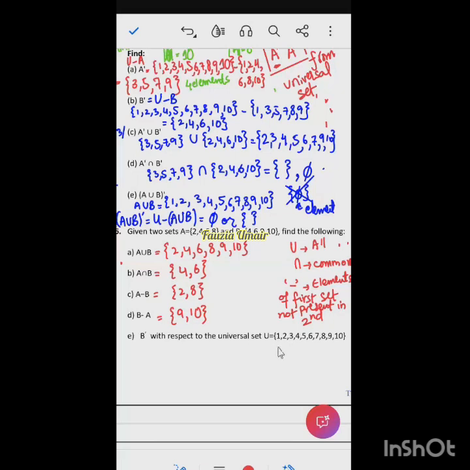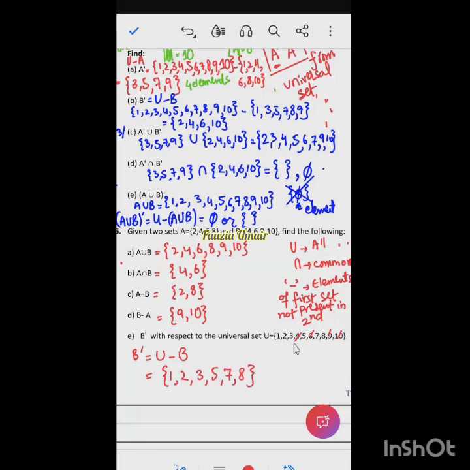So B complement is basically U minus B. U is the first 10 elements and B is 4, 6, 9, 10. So definitely 4, 6, 9, and 10 will be gone, and the answer would be 1, 2, 3, 5, 7, 8. So 10 elements in U, 4 elements are subtracted, so the answer contains 6 elements, right? I hope this is clear.